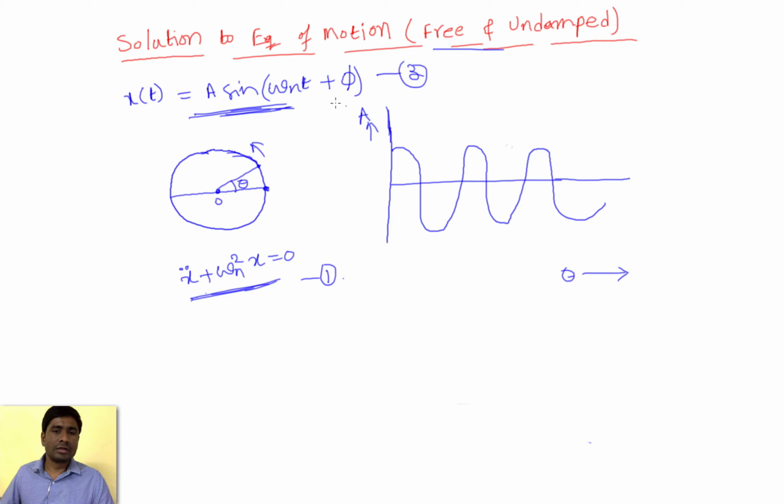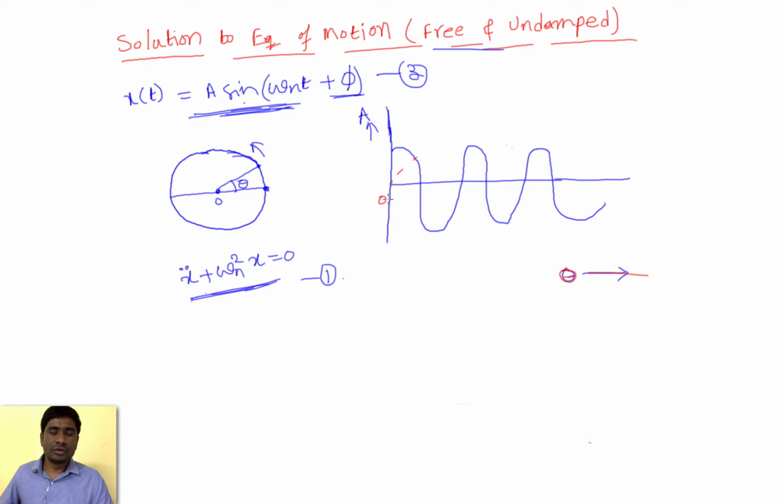I have drawn this, which is simply a sine curve. If phi is 0, it would have started from 0. This is 0 degrees, this is the amplitude, and this is the theta axis.